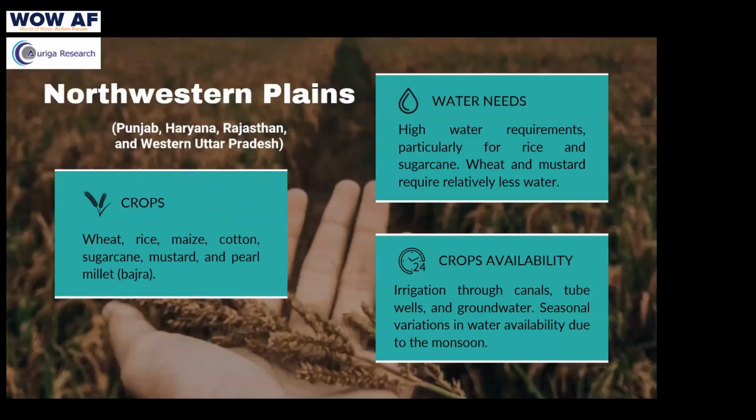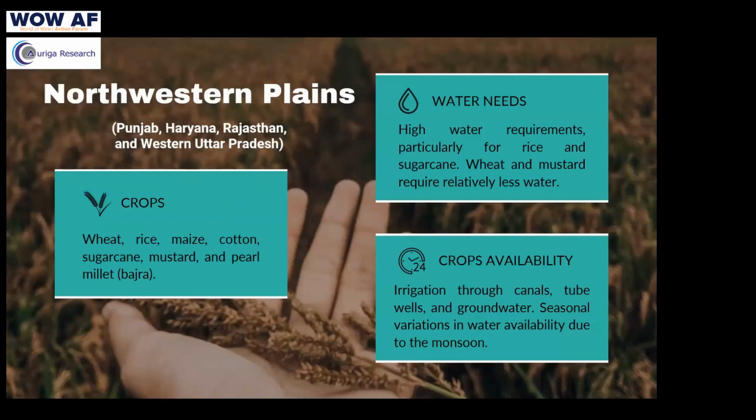So, for example, the northwestern plains, the typical crops being wheat, rice, maize, cotton, which encompasses the heartland of UP, Rajasthan, Haryana, Punjab. Now, these crops in these geographies have high water requirements. And all of us know that rice and sugarcane are the guzzlers, as compared to wheat and mustard, which are relatively less.